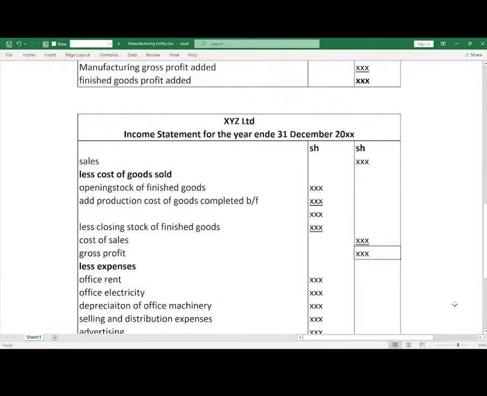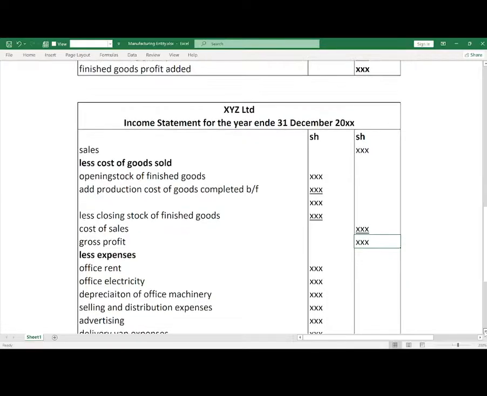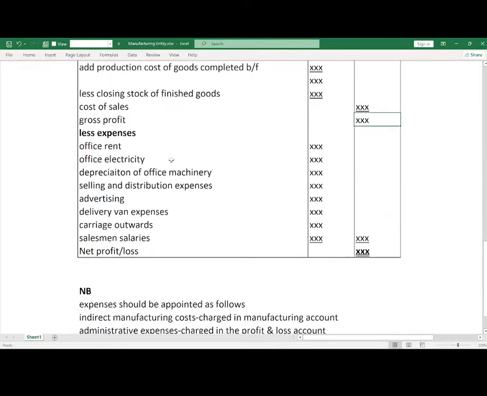Then we are going to deduct all the expenses. We might have so many expenses, but we are going to take a few. So we have office rent, as you can see. Then office electricity, depreciation of office machinery.